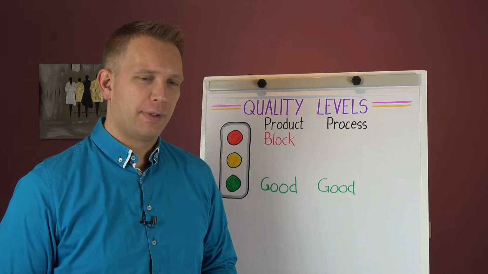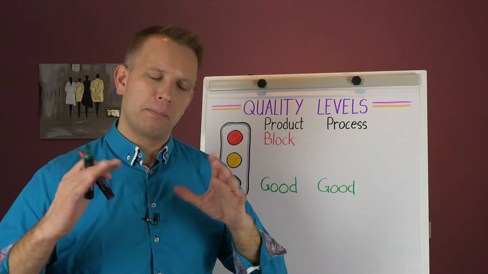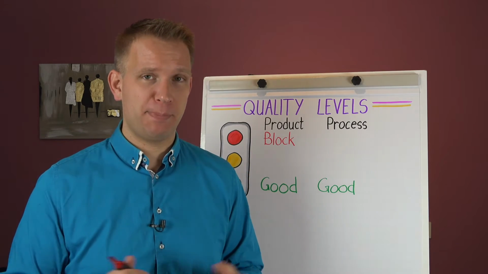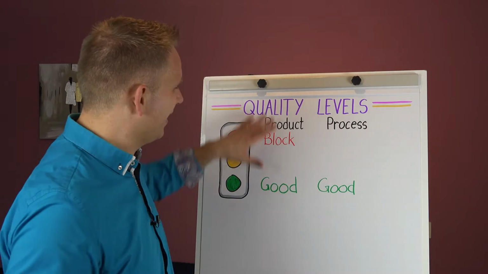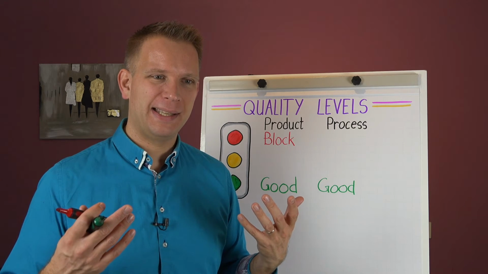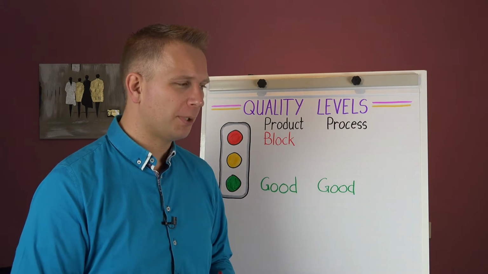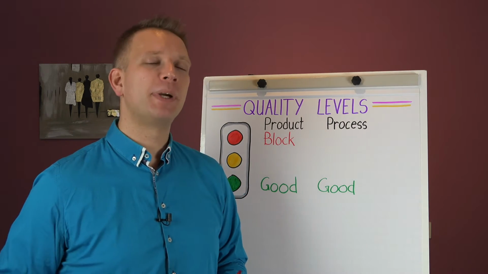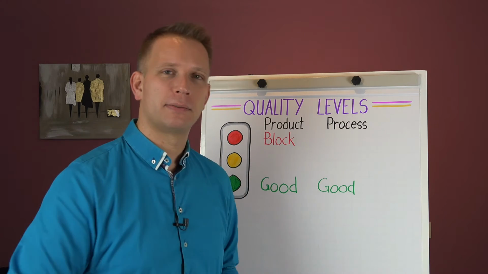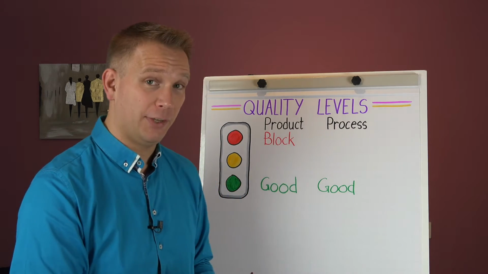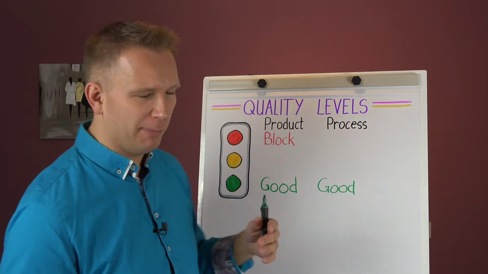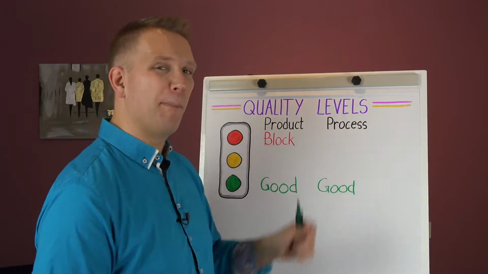But when we have a process that is shifting, is doing some unexpected things, that is producing those products that are a bit borderline-ish, that we don't really need to do anything with the product per se, but if we don't correct the process, probably something will become a defect later on. That is what we use our yellow, orange, amber, whatever you want to call it, light for: bad processes.